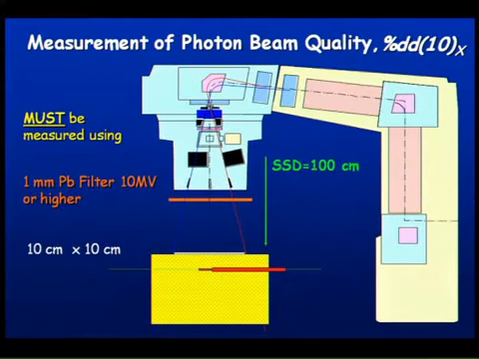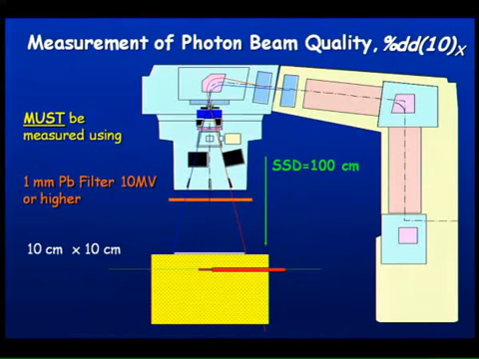This beam quality, this percentage depth dose, must be measured for a certain geometry. Your SSD should be 100 centimeter. Field size should be 10 by 10 centimeter at the phantom surface.